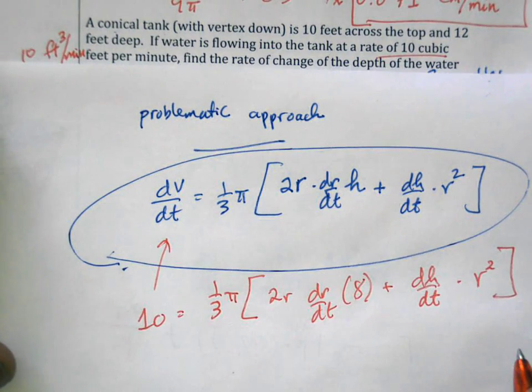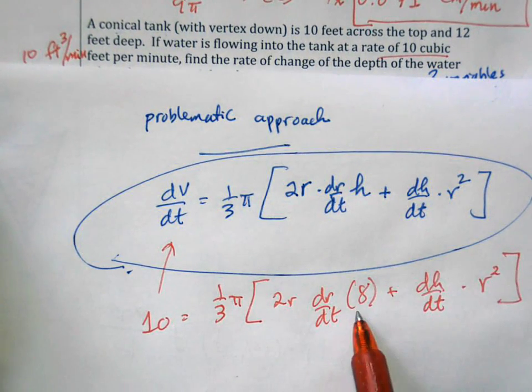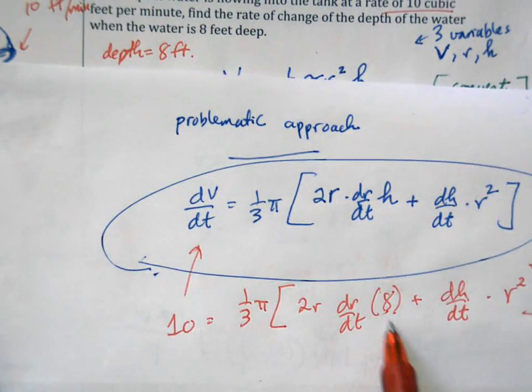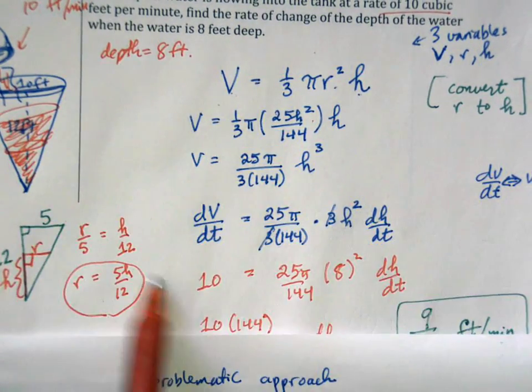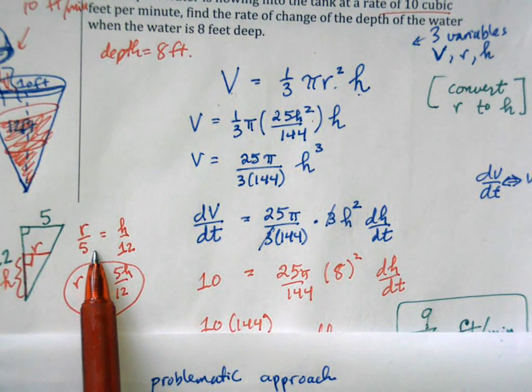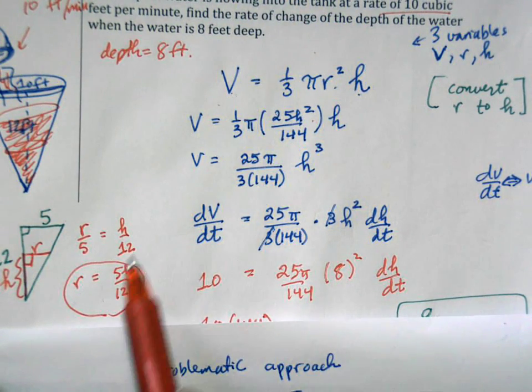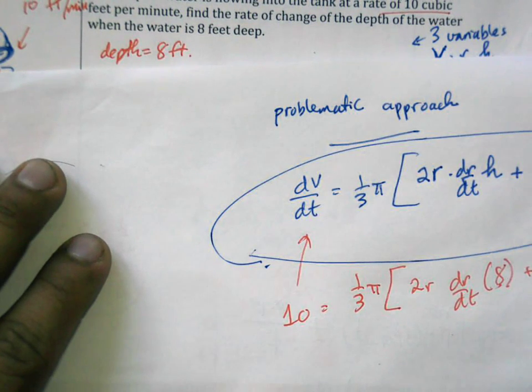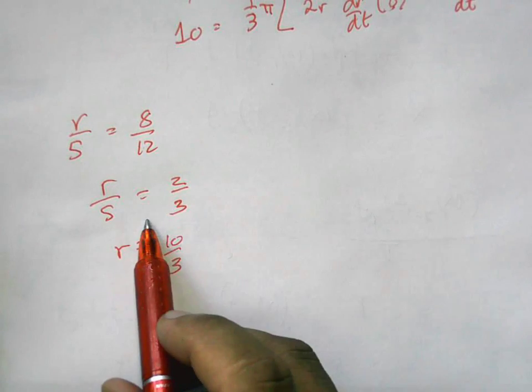Now you may ask, well, if I know h is 8, can't I use that somehow to figure out what r is? Well, sure you can. You can use this equation to figure out what r is. So you could put in 8 for h, so we get r over 5 equals 8 over 12. r over 5 equals 2 over 3, so r equals 10 over 3.